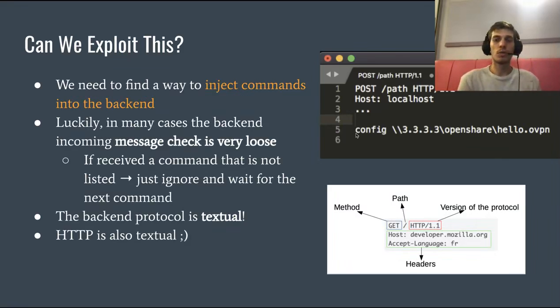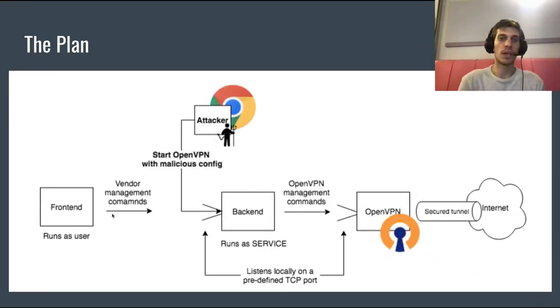So what we tried to achieve here is the following. We have this diagram again. We have the front-end application, the backend service, and the OpenVPN instance, which are all waiting for commands to start the OpenVPN tunnel. And we sent one of our victims a malicious link to a malicious website.